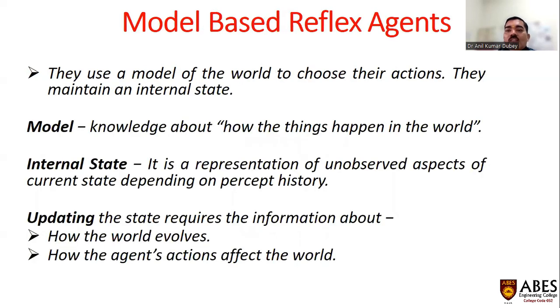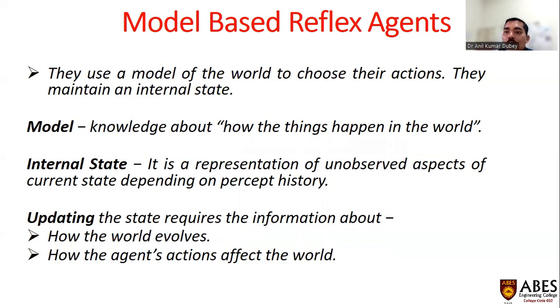Now, model based reflex agents use a model of the world to choose their actions and maintain an internal state. The model is knowledge about how things happen in the world, and the internal state is the representation of unobserved aspects of the current state depending on the perceived history.